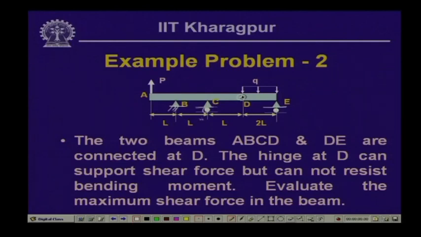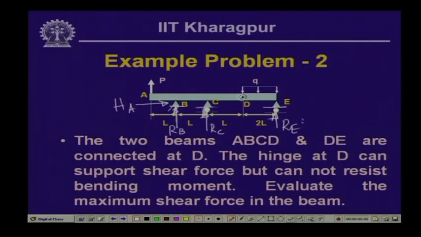Now, if we look into the reactive forces, here we have the vertical force, here the horizontal force, and here vertical forces. So, this is R B, this is R C, and this is R E. Here you have a horizontal force H A.